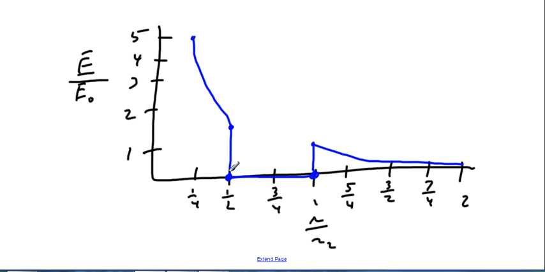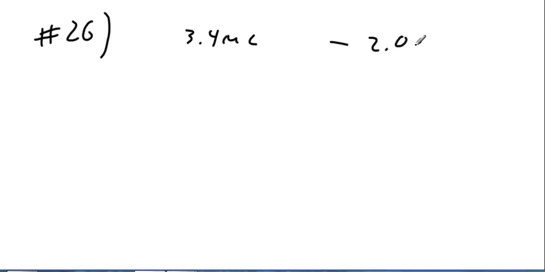Next problem is 26. Two charges, 3.4 microcoulombs and minus 2.0 microcoulombs, are placed 5 centimeters apart on the x-axis.